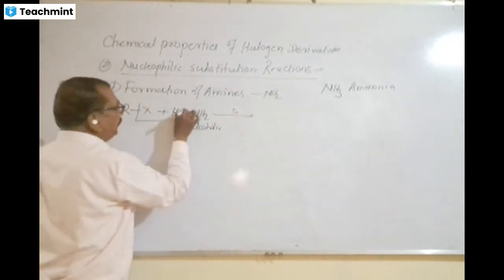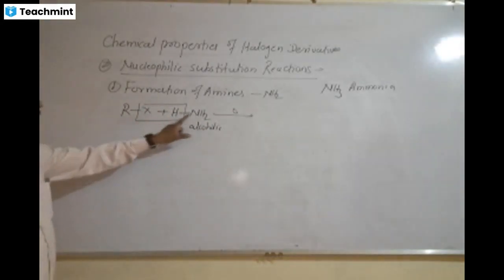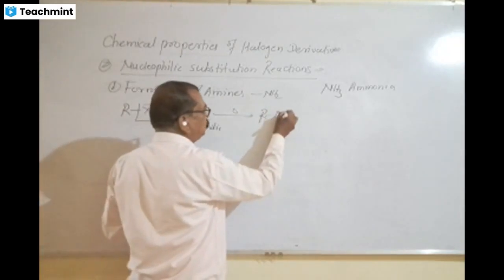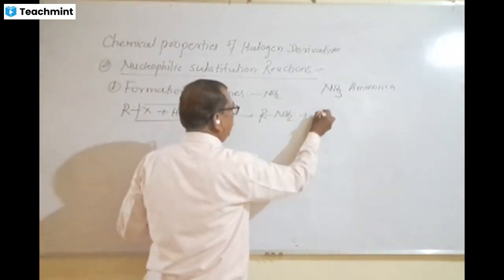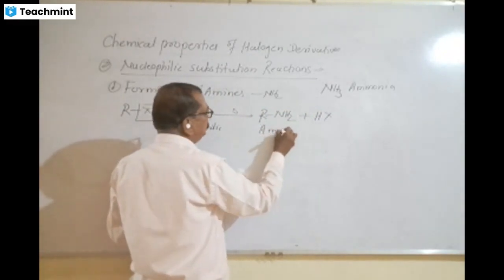Halo group and hydrogen atom from ammonia form hydrogen halide, and the NH2 group gets attached to the R group, RNH2 plus HX. And this is the general formula for amines.